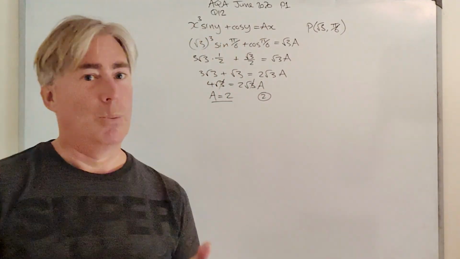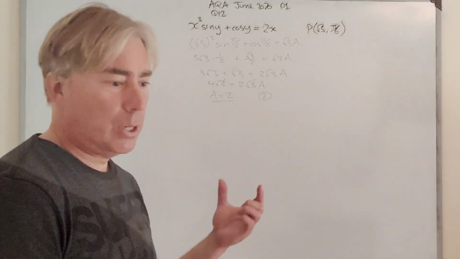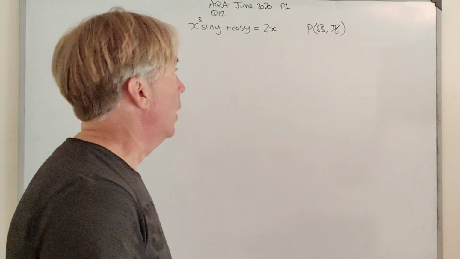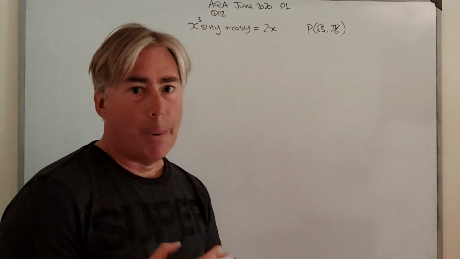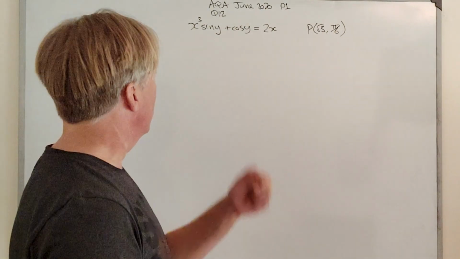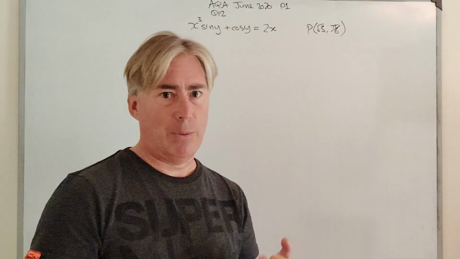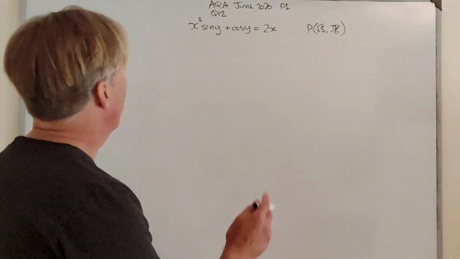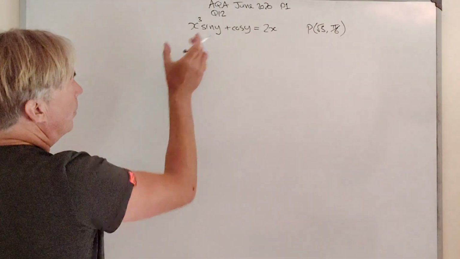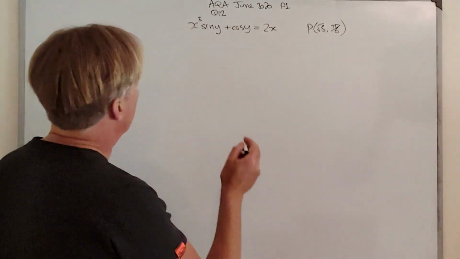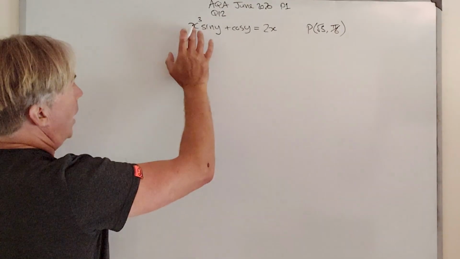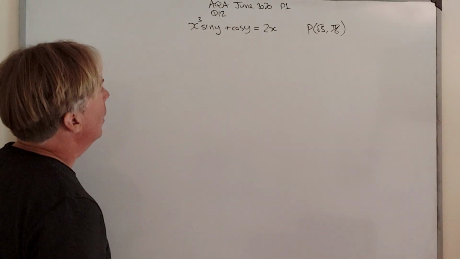Okay, now I'm going to move on to the more difficult bit. Part 2, this is the 5 marker, so obviously quite significant. We are now asked to find the derivative of our implicit function, or rather prove specifically what that derivative is. Notice here we have a product, an implicit product, i.e. there's x's and y's put together.